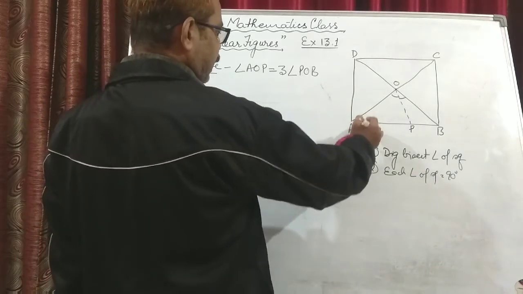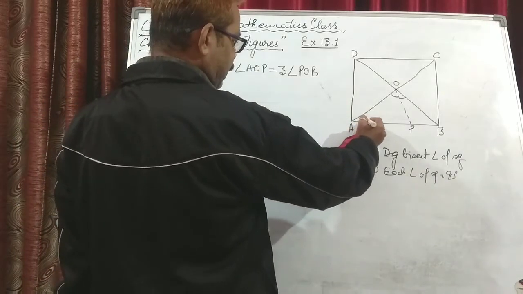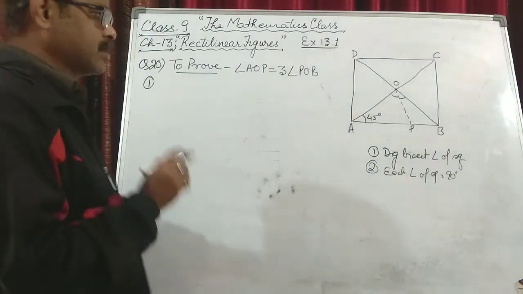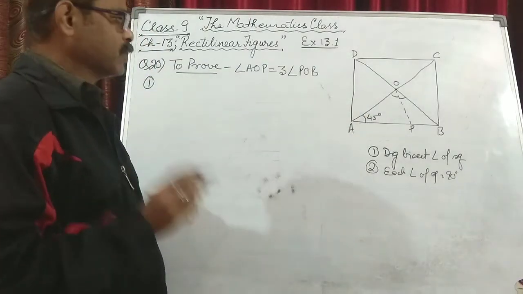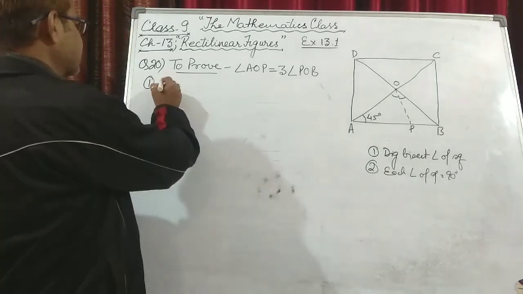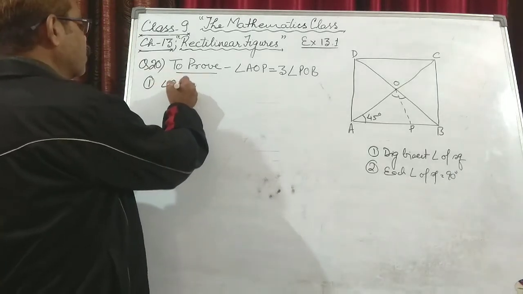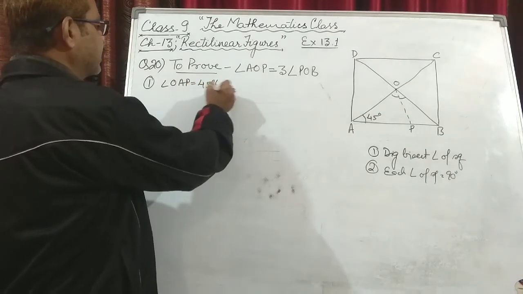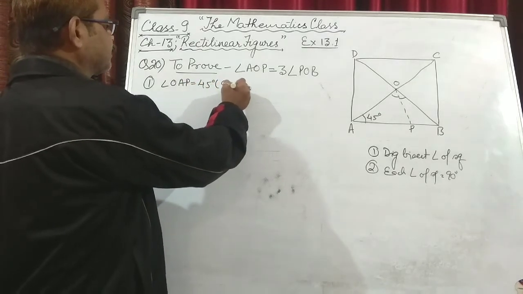It means if this total angle A is 90 degrees, then because diagonals bisect the angles of the square, we can say angle OAP is equal to 45 degrees.